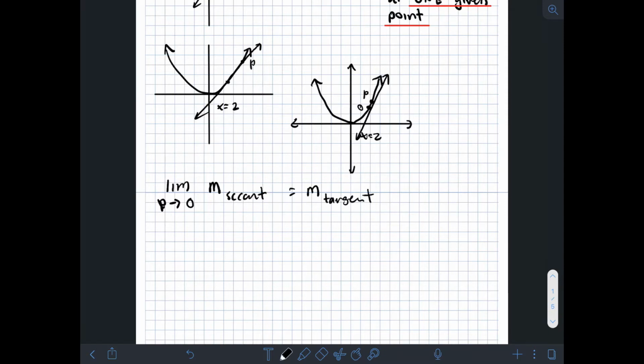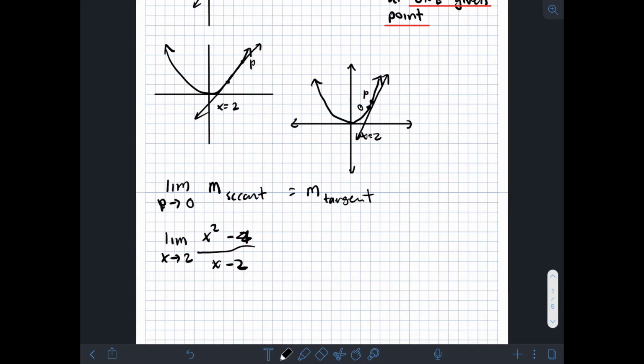Another way of writing this would be the limit as x approaches 2 of, now I'm just going to give you the slope equation, which would be (x squared minus 4) over (x minus 2).